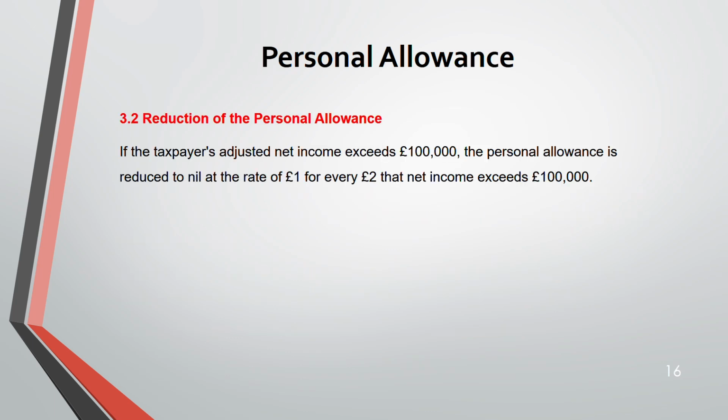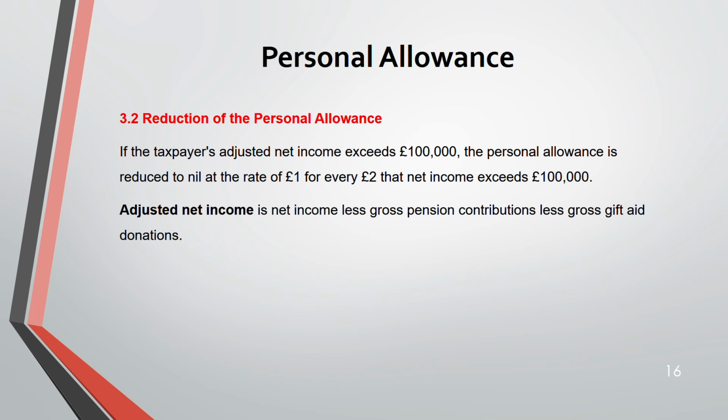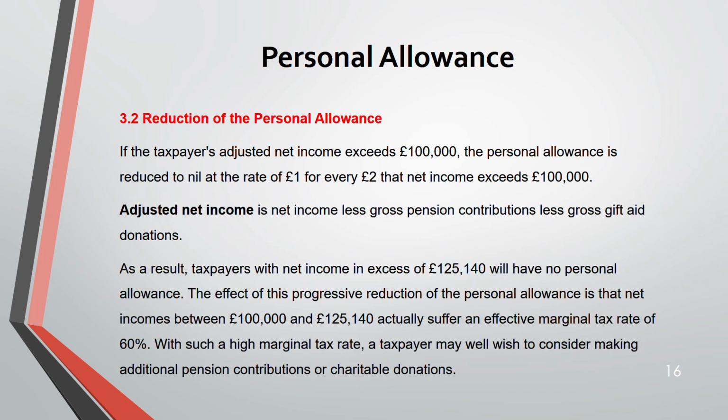Next, reduction of this. If the taxpayer's net income is more than 100,000, personal allowance starts reducing. How? It starts reducing at a rate of 1 for every 2. Then you have to calculate what is known as adjusted net income. What is adjusted net income? Your net income minus your gross pension contribution minus your gross gift aid donation if they give you in the exam.